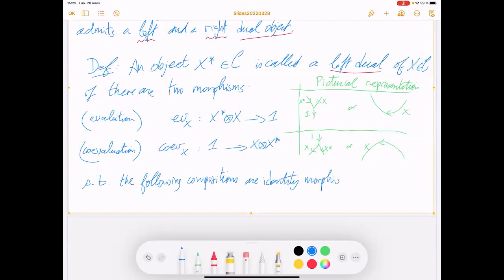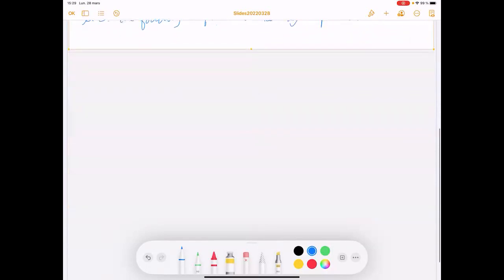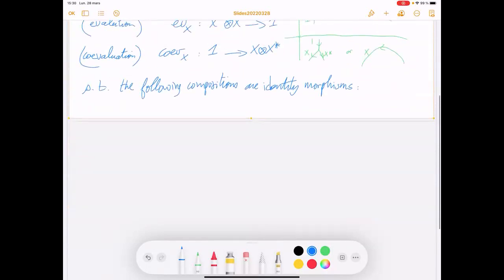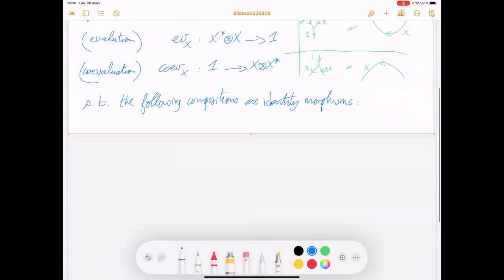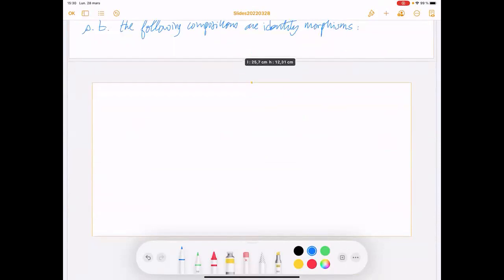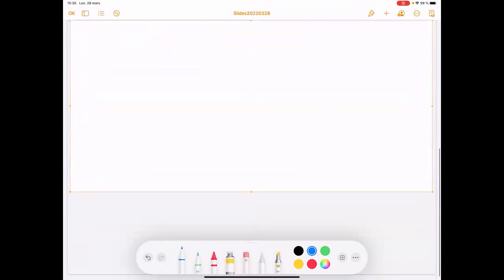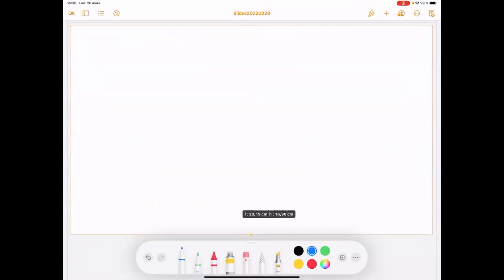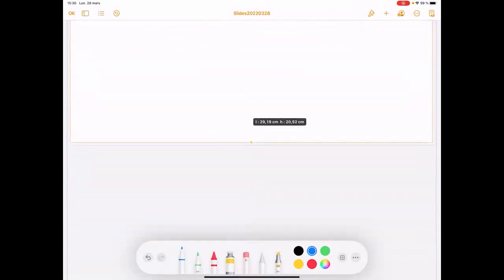We will write two compositions, which should be identity, and then the pictorial representation of this equality with the identity is called the zigzag relation. The composition may look complicated, but when you see the pictorial representation, everything becomes clear.